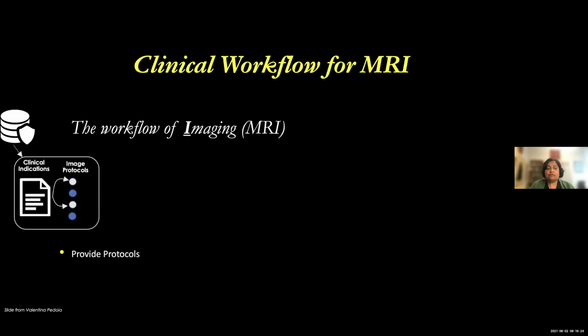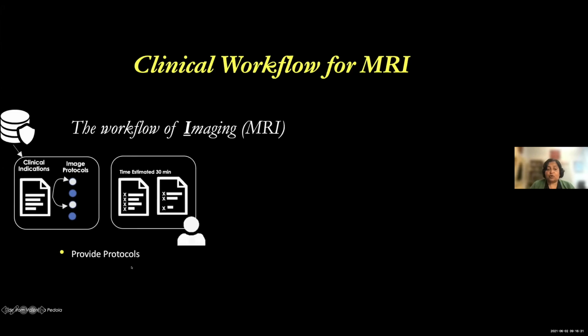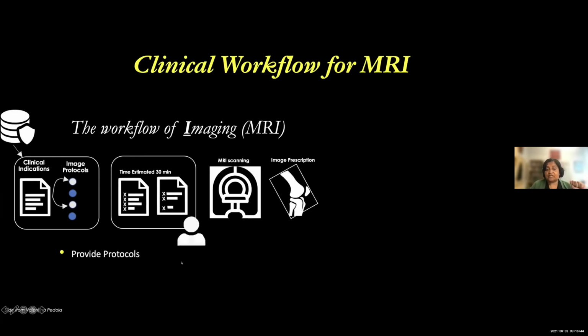The clinical workflow in MRI starts when the patient is first referred for an MRI. One needs to provide protocols. In many instances, this protocol is provided by at least one FTE who does the protocoling all the time. The time estimated for the scan is established. MR scanning begins.